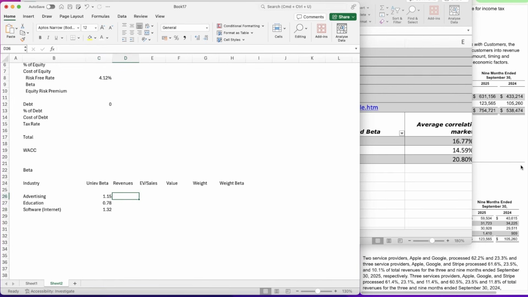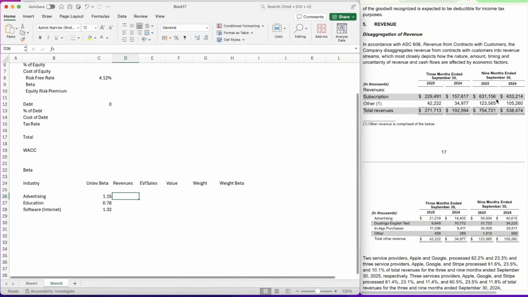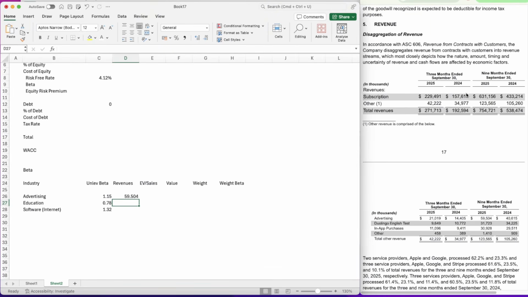The revenues, we can say for advertising, we would go 59.504, that's clear. Education would be this Duolingo English test and the subscription.